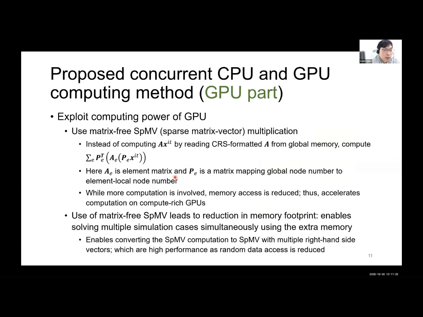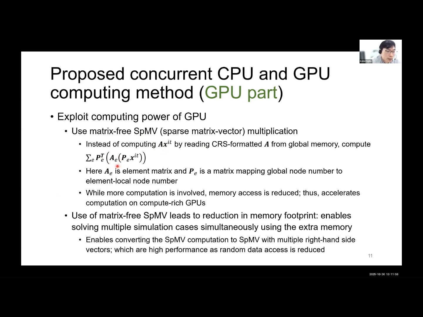And so these are the details of the proposed concurrent CPU and GPU method. And this is the GPU part. We can exploit the computing power of the GPU. Instead of using the CRS-based sparse matrix vector product, we can use a matrix-free type sparse matrix vector product. Instead of reading the global matrix from memory, we can compute the element matrix A on the fly.